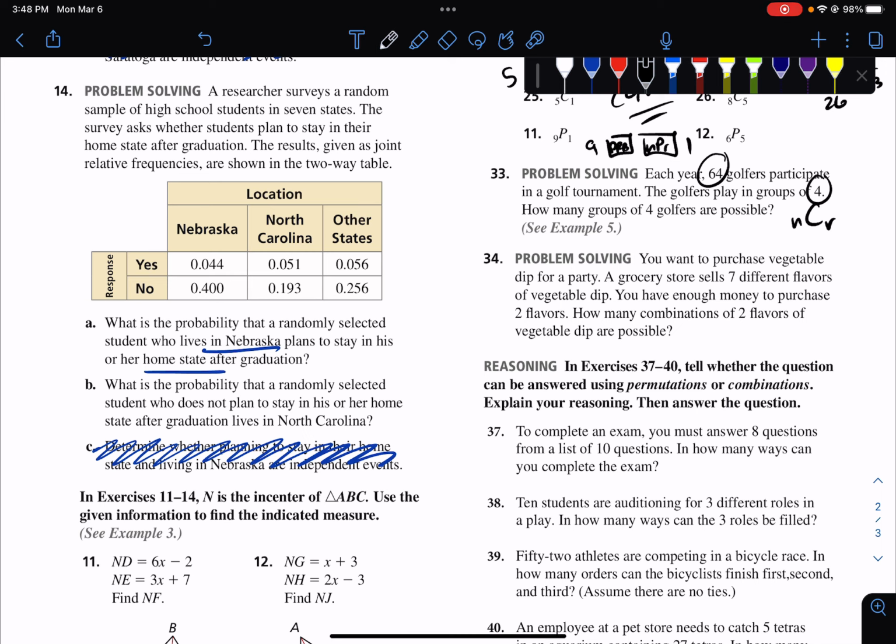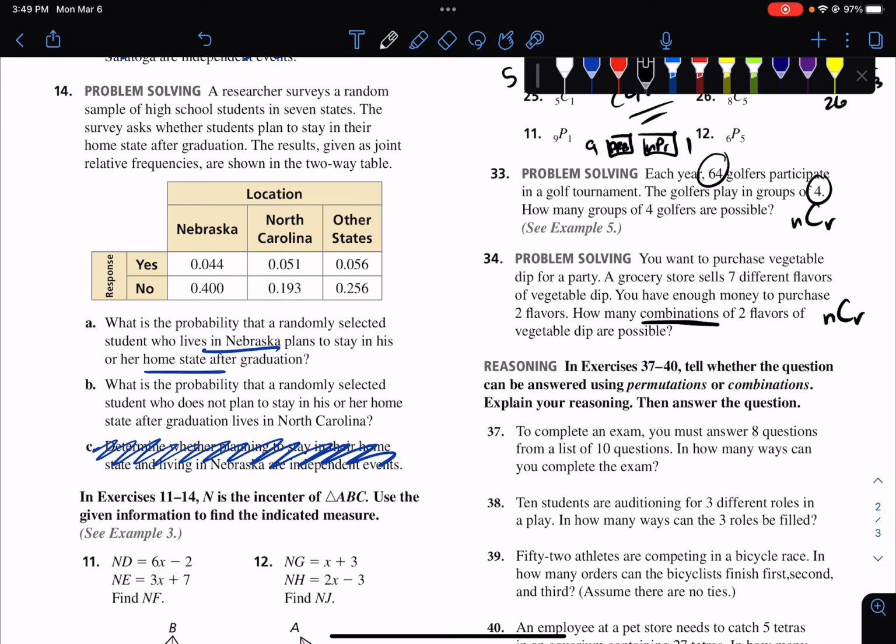Number 34, you go to a grocery store, it sells 7 different flavors of vegetable dip. You have enough money to purchase 2 flavors. How many combinations can you make? This one's nice because it tells you right there that this is a combination. So this is an nCr problem because the order doesn't matter. It doesn't matter if you buy ranch and nacho cheese or nacho cheese and ranch.